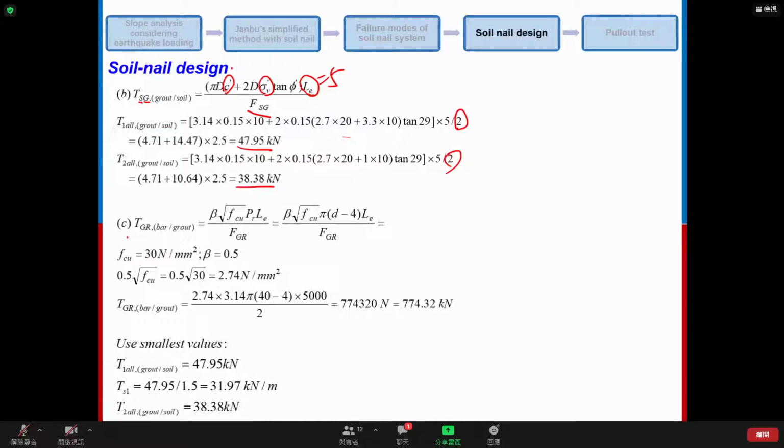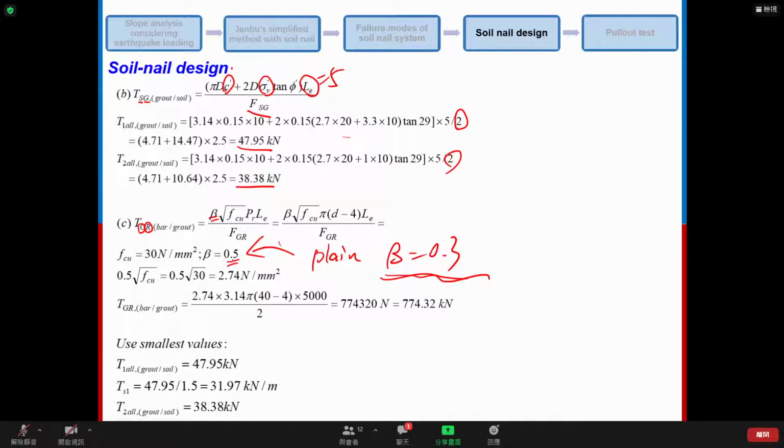Then let's see the third failure type, between the rebar and grouting. The beta value is equal to 0.5 here because it is the high yield rebar, not plain rebar. For plain rebar, the beta will be equal to 0.3, because the surface is relatively smoother compared with this condition.